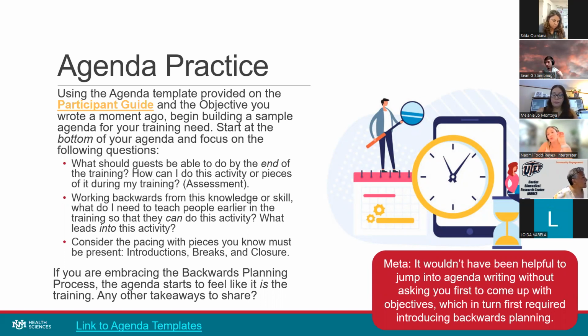So that's what I did in my backwards planning process for this training. And it's why our agenda practice wasn't right at the beginning, because I knew that wouldn't make sense. We didn't have the skills and knowledge we needed to write an agenda without first going over objectives and backwards planning. So you can see how I was working backwards.